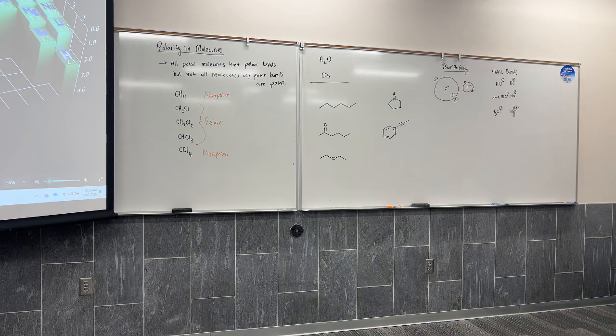Because it has two lone pairs of electrons, your oxygen's electrons here and here would cause it to bend, like a slightly smaller angle. So it'll be a slight negative here and then slight positive away.